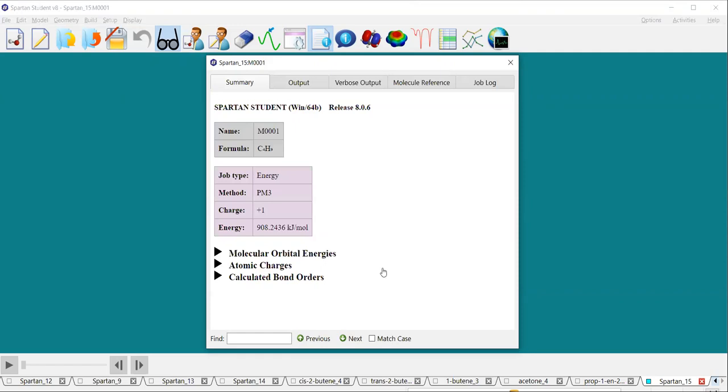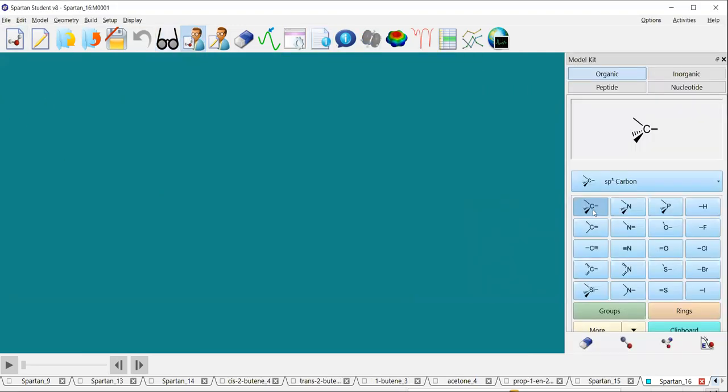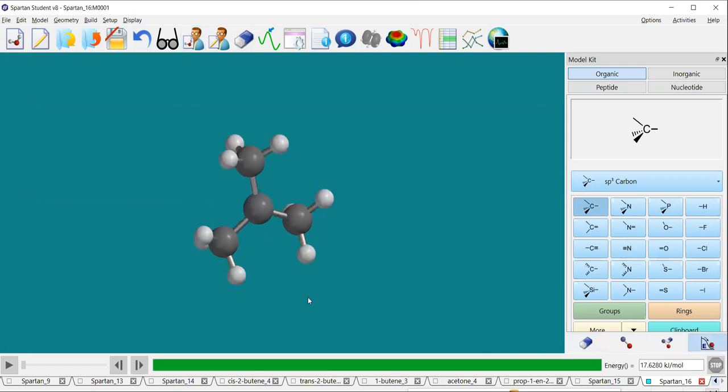And I will build a tertiary carbon cation right now, again using a template. And I will delete this hydrogen. This one. This is my tertiary. I will minimize it. And then submit it to calculations.